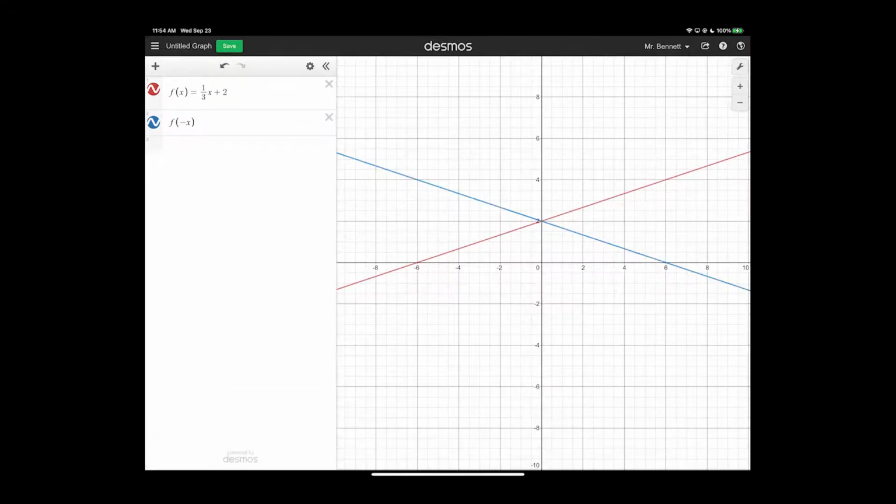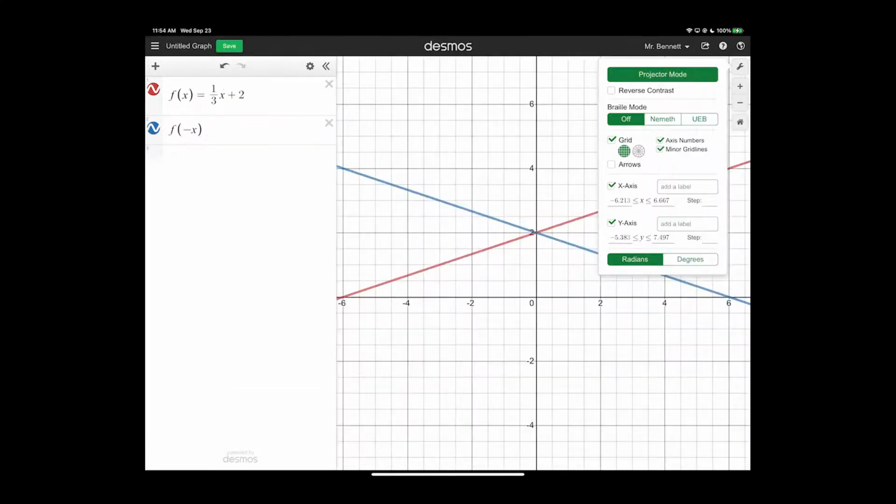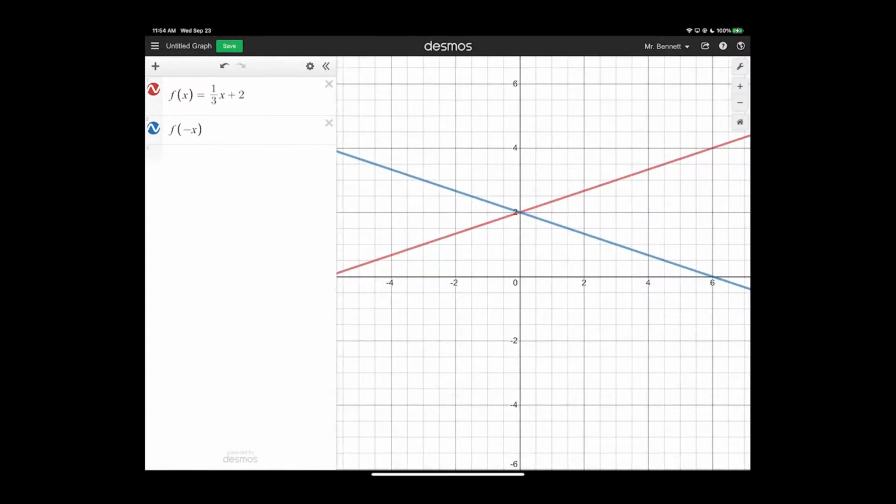Just looking at it visually, we can see that they have the same y-intercept, right? They cross the y-axis at 2, at the point 0, 2.